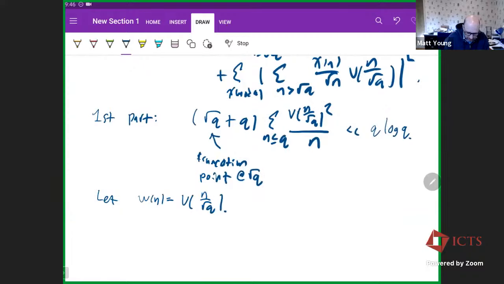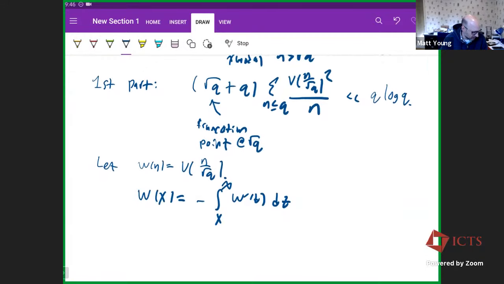This is a smooth function, and then we have summation by parts. The way I like to do summation by parts is that it's always the integral of the derivative. W has rapid decay at infinity, so I can integrate up to infinity and that boundary term disappears.